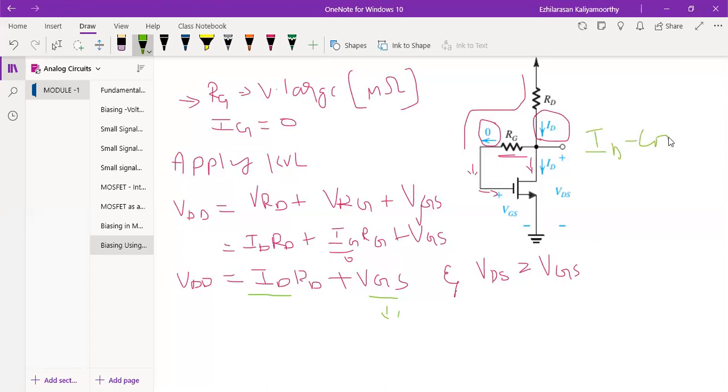As you know, the MOSFET is a voltage controlled current source, or we can say a voltage controlled constant current source.